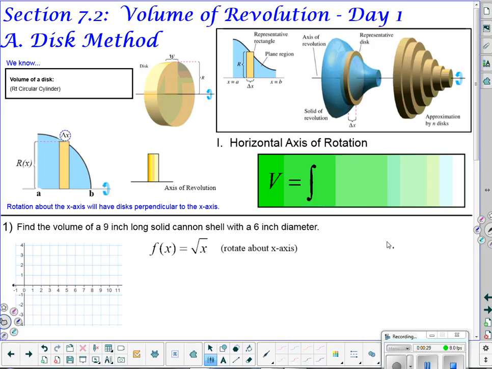So the first thing you do, Elizabeth, is you think about a disk, which is very similar to a cylinder. What would be the area of, or the volume of one cylinder? Pi r squared gets your surface area times the height. That'd equal our volume.